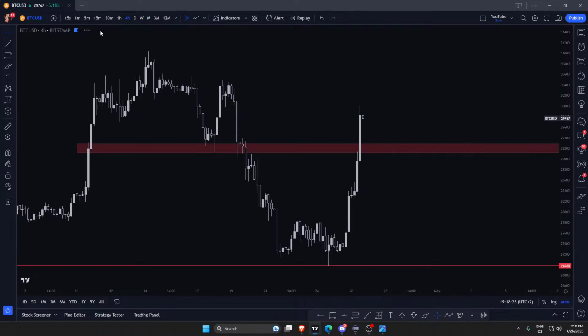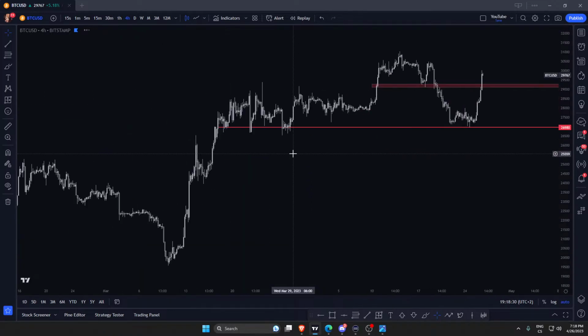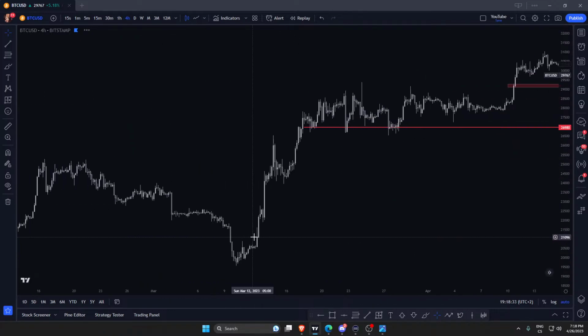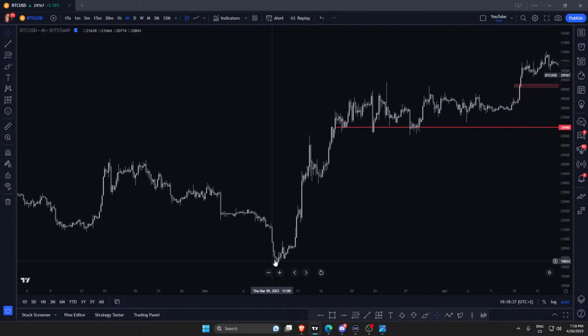This is obviously not confirmed, and I usually trade altcoins with narratives, but if we look at March 9 to 11, this bottom right here, we got the SEC lawsuit, Ethereum being called a security, the Kraken settlement, a lot of FUD.